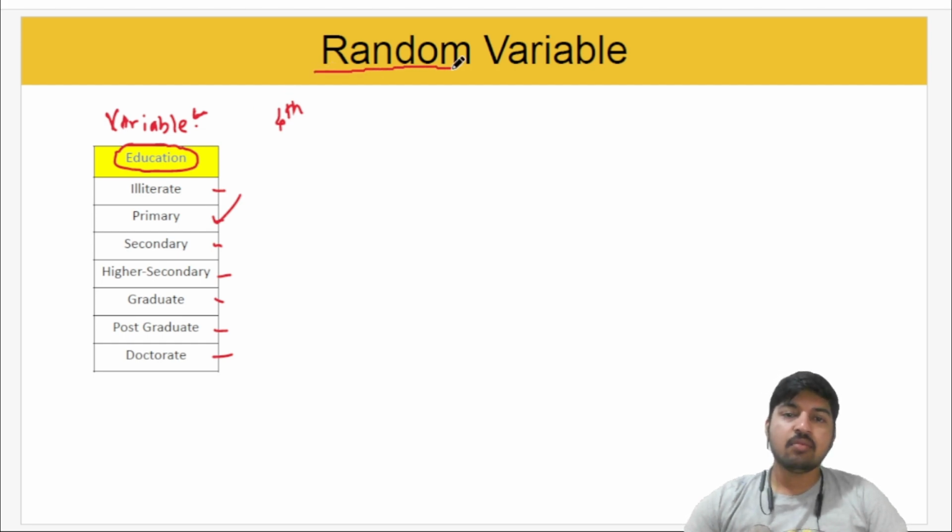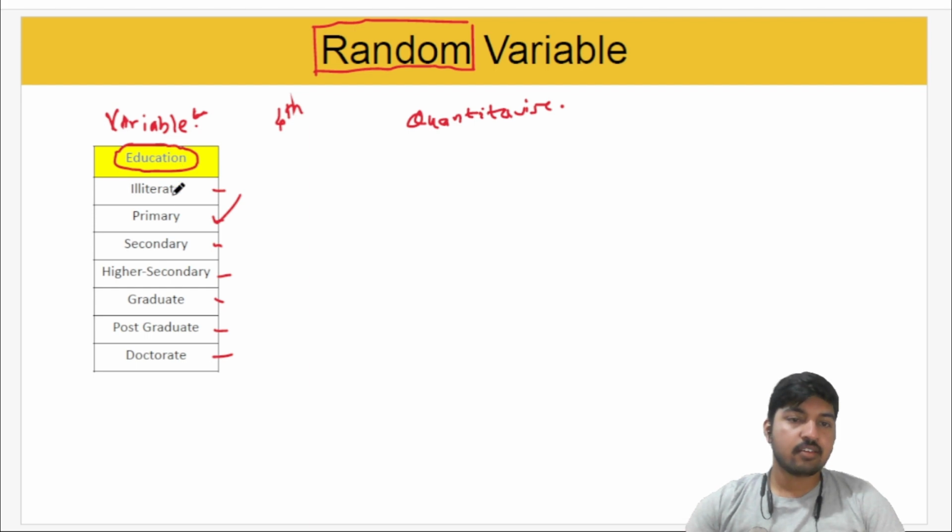What is a random variable? You just misunderstood that random means taking any value randomly. This is partially correct, not fully correct. What I'm saying is, a random variable should take only quantitative values.